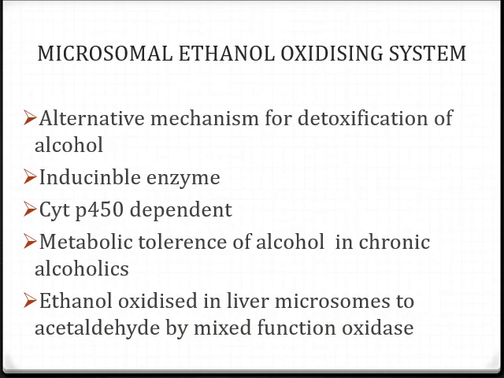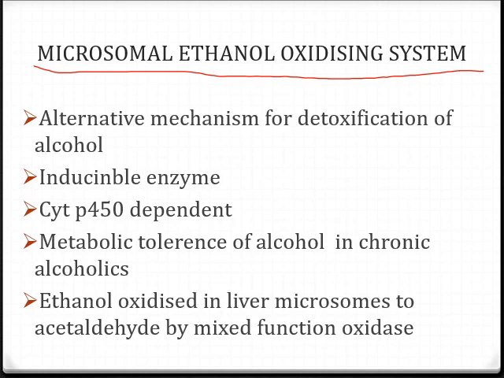Now, we have seen one liver enzymatic system which helps in the oxidation of alcohol to acetic acid. Here, one more enzymatic system is there. That is the second one. Most of the ethanol is metabolized by a mixed function oxidase system, known as the microsomal ethanol oxidizing system, which is an alternative mechanism for the detoxification of alcohol, and it is an inducible enzyme.